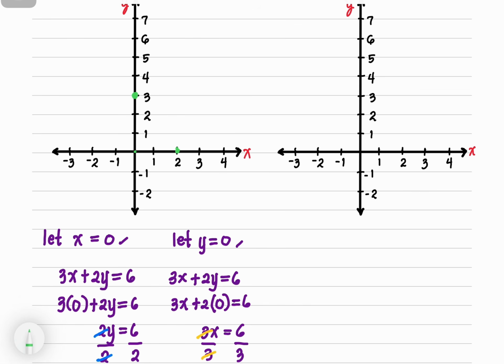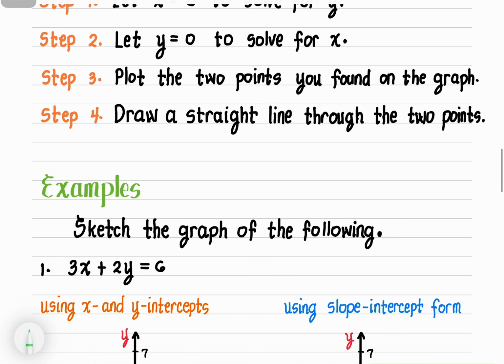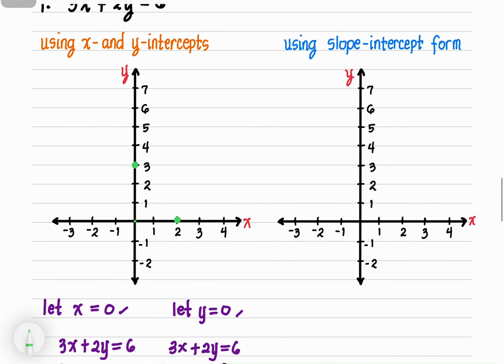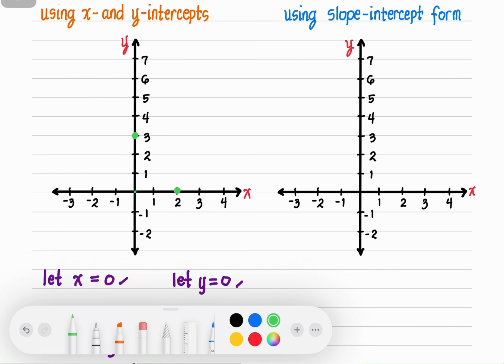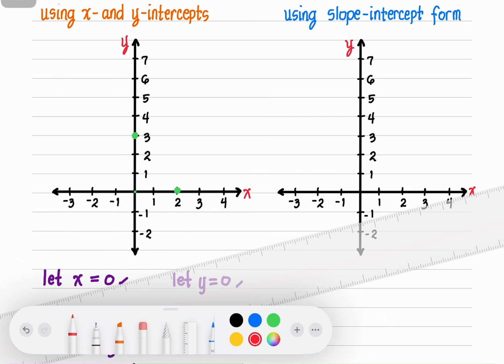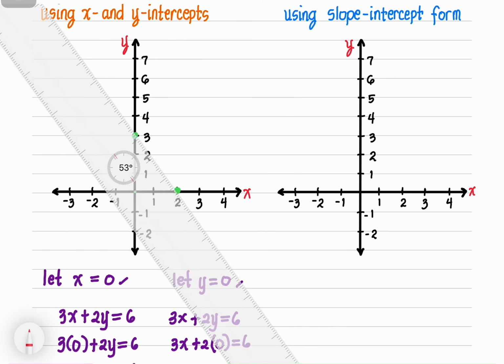Okay? Ayan. And then, sabi natin, sa ating step number 4, draw a straight line through the 2 points. Mag-draw tayo ng line dyan. Naintindihan? Ganun lang kasimple.